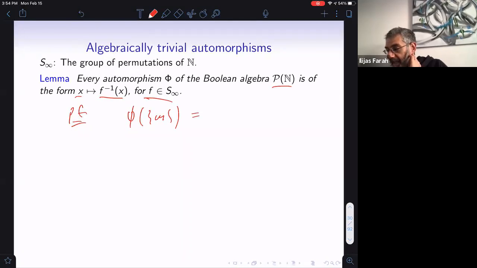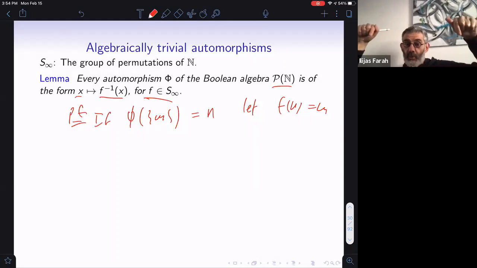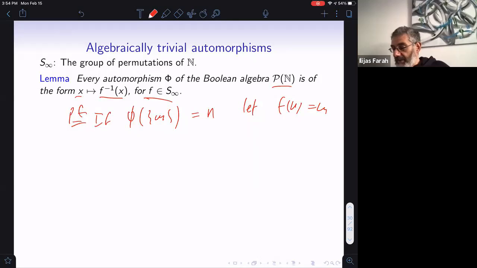So if phi of {m} is equal to some {n}, then just let f of n be m. This defines the function uniquely, right? So this is a bijection, and you just check it works. Right, so it's just this ability to go down to atoms and to define it piece by piece that makes this possible.